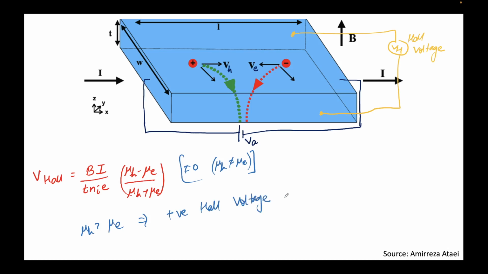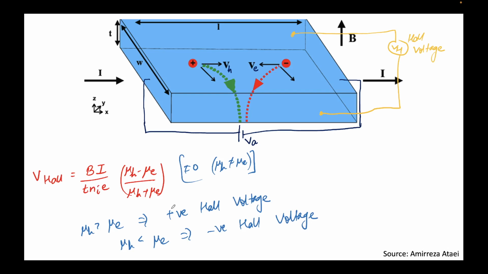It's as if that semiconductor, even though intrinsic, is behaving like a p-type because it's a positive Hall voltage. On the other hand, if mu H is less than mu E, we will get a negative Hall voltage. But we cannot conclusively say just based on this expression whether V Hall is positive or negative.